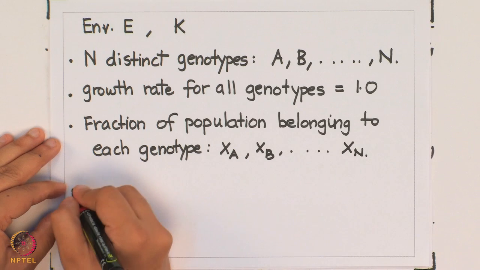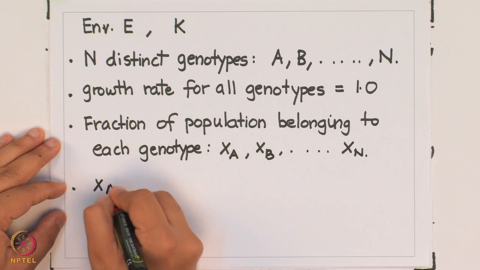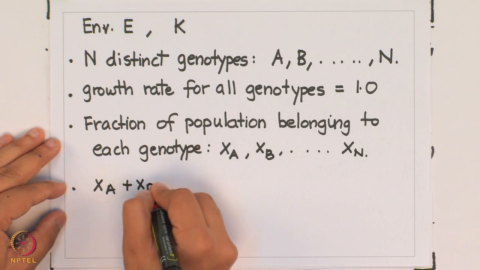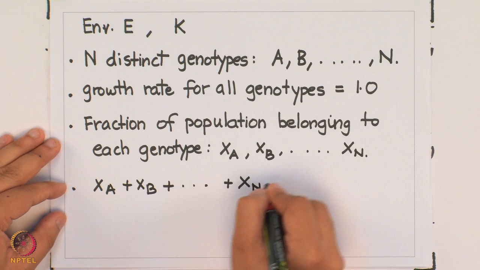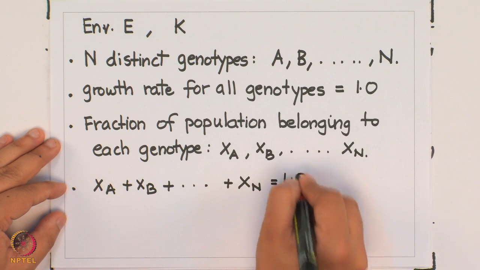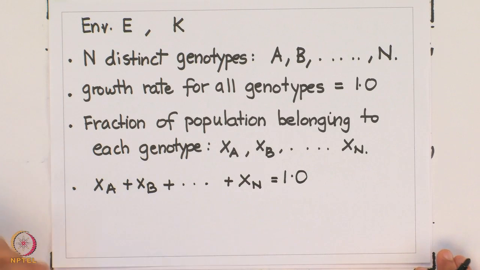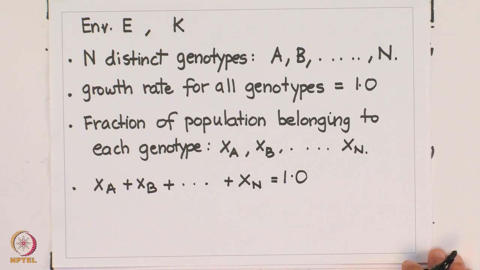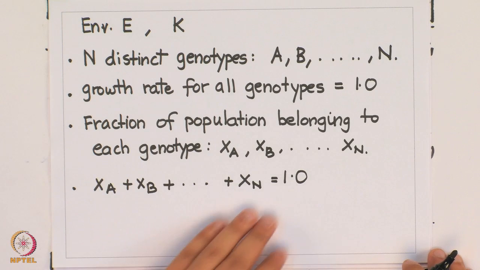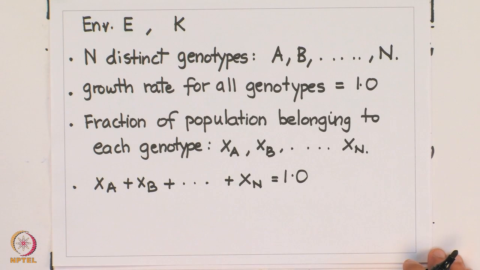You should note that Xa plus Xb going all the way up to Xn is equal to 1. Right? Because the sum of fractions of individuals belonging to each particular genotype has to be equal to the carrying capacity K, and hence this comes out to be equal to 1.